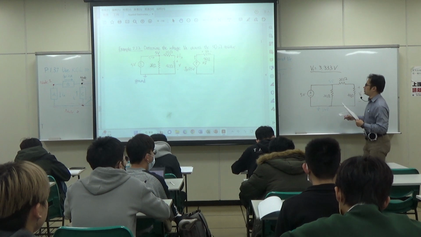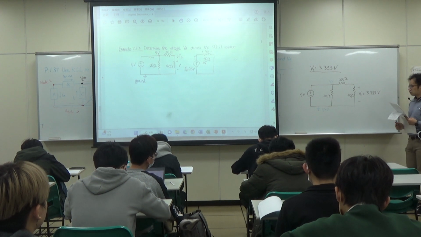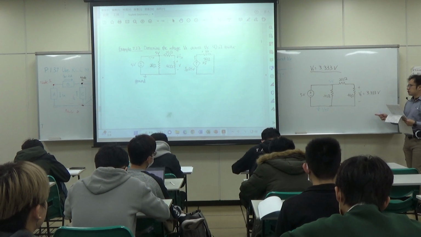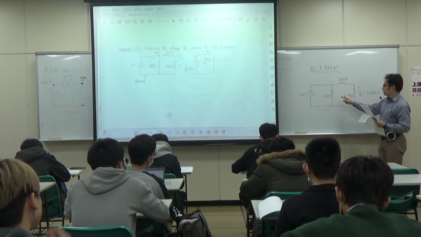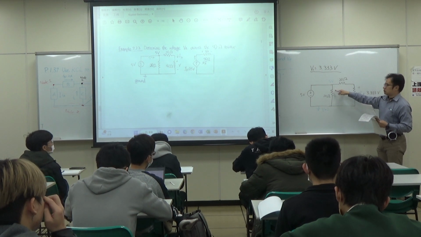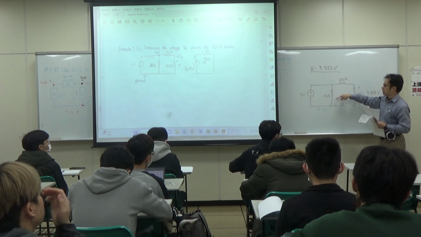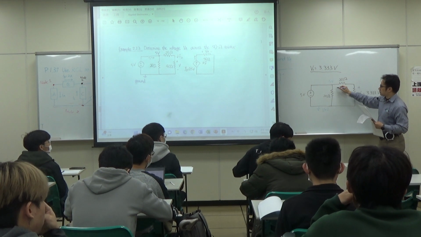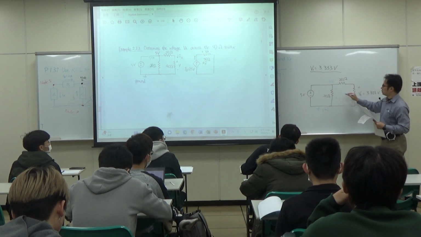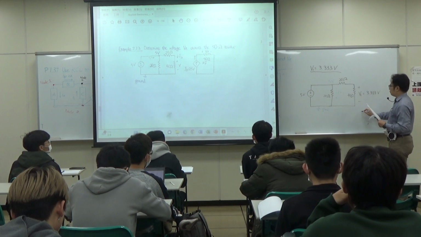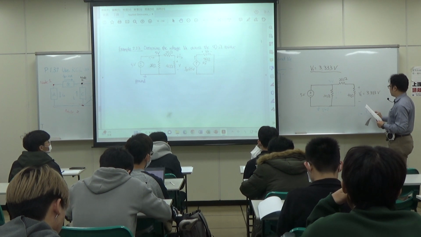This node and this node, they are 5 volt. So this is the first step: you need to identify the reference node. And then the second step is the current flowing through a resistor always flows from high potential energy to low potential energy. So we know the current here should be I is 5 minus 0 divided by 20.